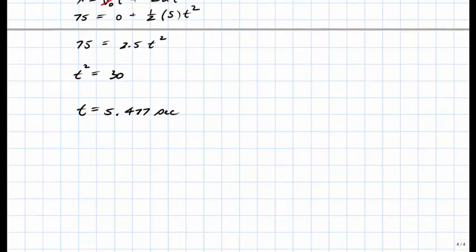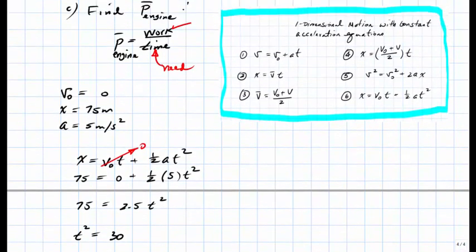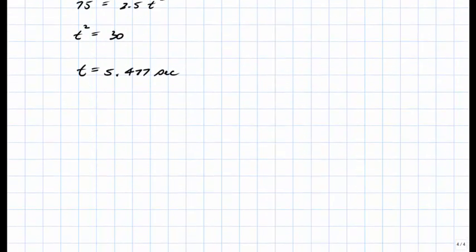Now the reason we calculated the time, of course, is to enable us to determine the engine's average power, as noted within this equation. So let's bring this equation into our consideration. Again, we left off with average power equals work divided by time.